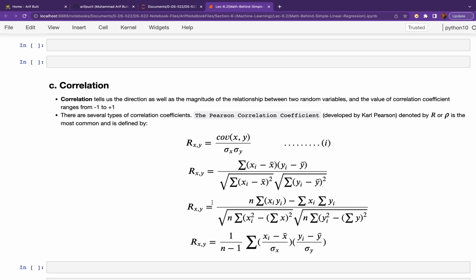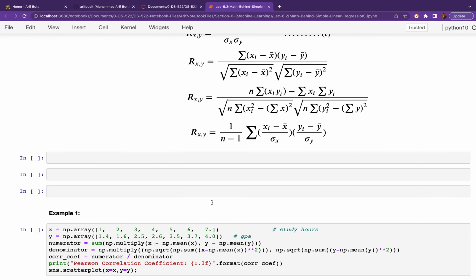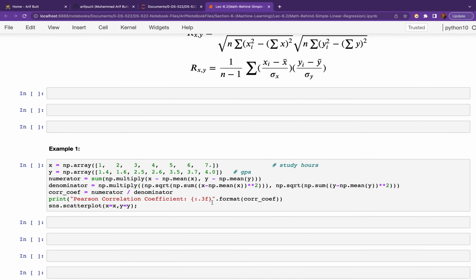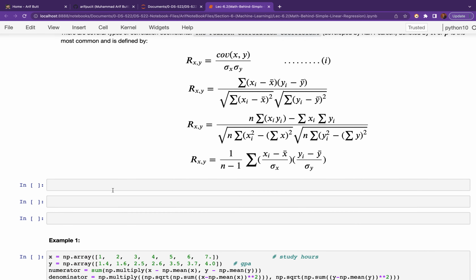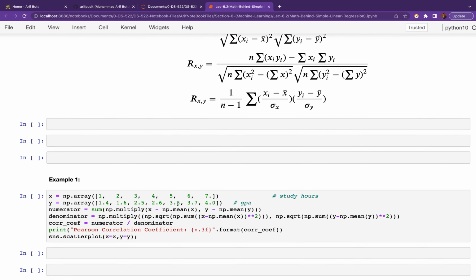Let me once again describe this with the help of some examples. And this is the same data set, 7 pairs of observations between two random variables, study hours and GPA. In this code, I have used the first formula, that is covariance of xy over sigma x sigma y.